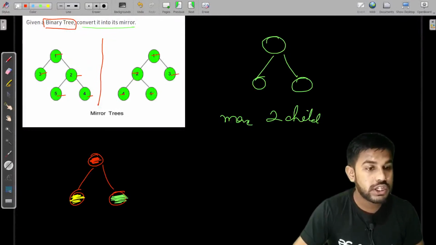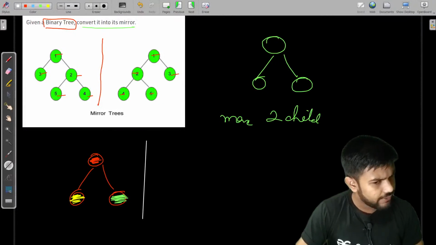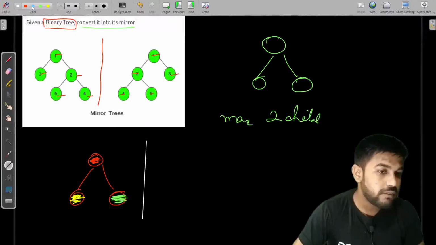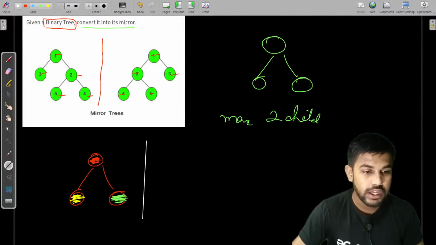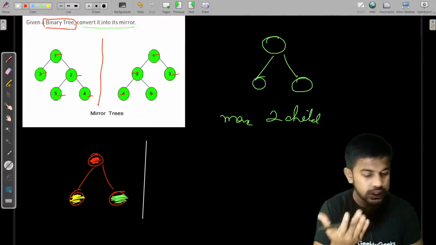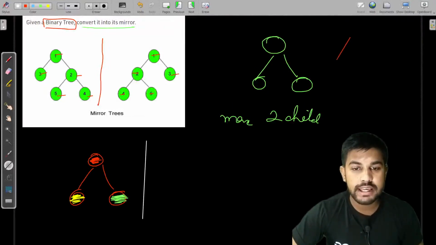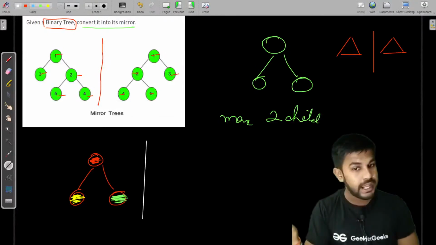Now let us mark a mirror at this position. Now we would try to draw the same thing. After the mirror, the main structure remains the same. Suppose we have a triangle like this, the other triangle on its mirror image would also be like this only.